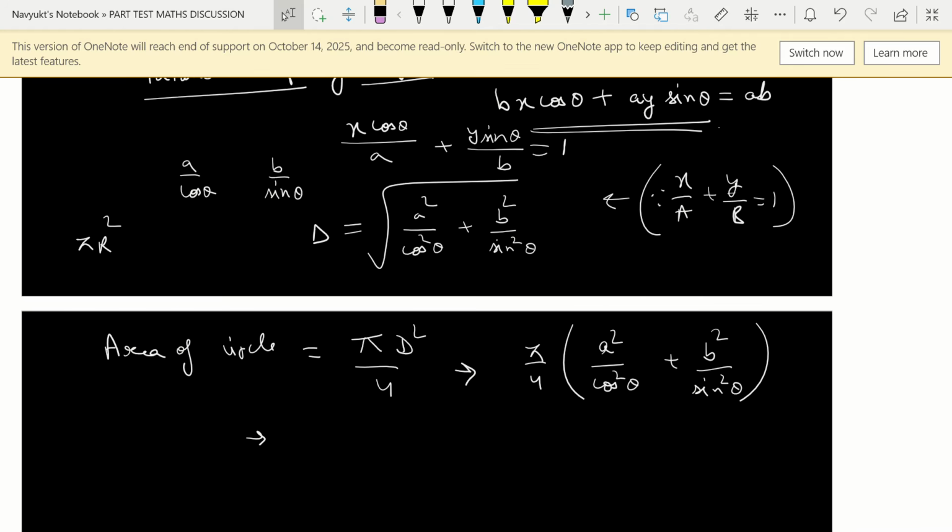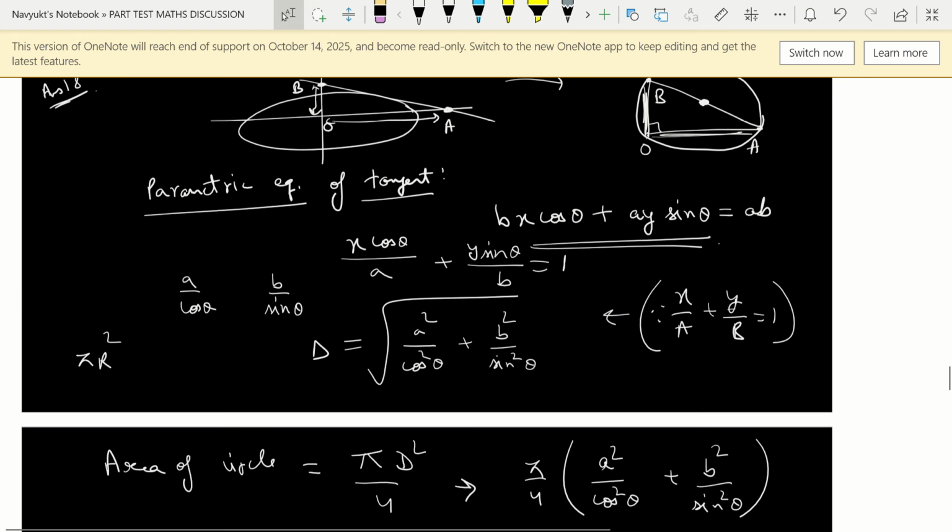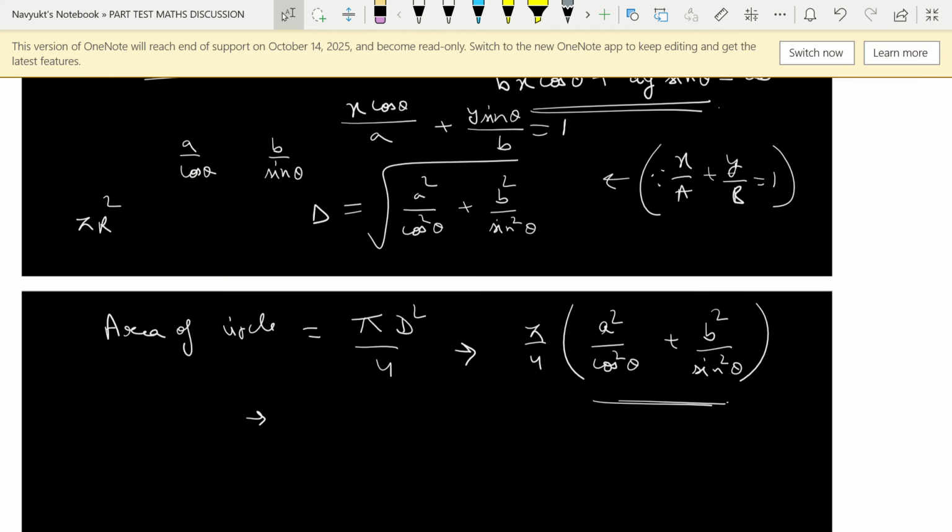Fine. Okay, so minimum is fine. We'll differentiate this and we'll get the values of cos theta and sin theta. Those values you can simply put here and you can get the minimum area of that circle.